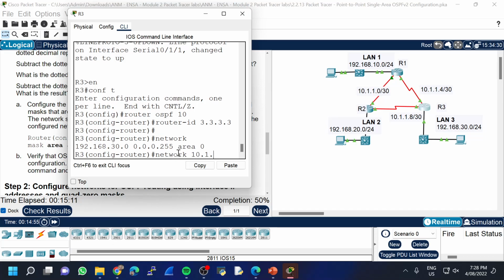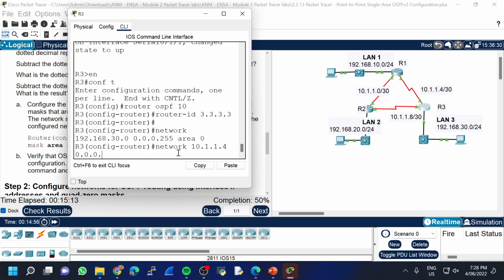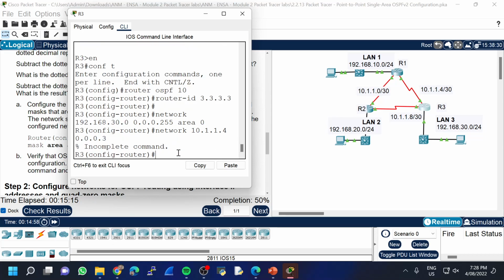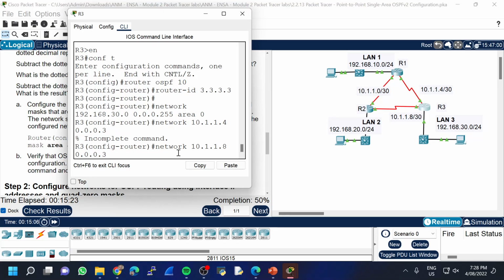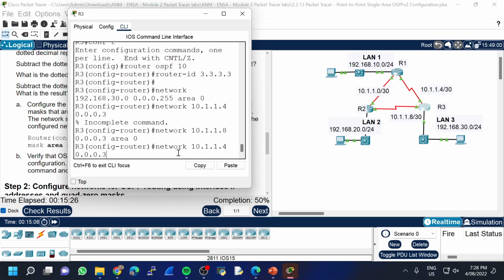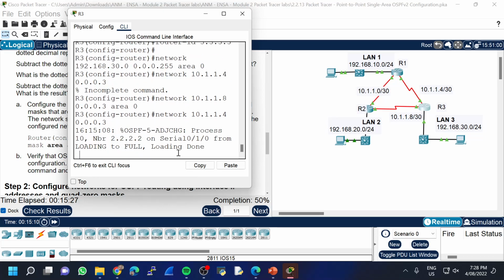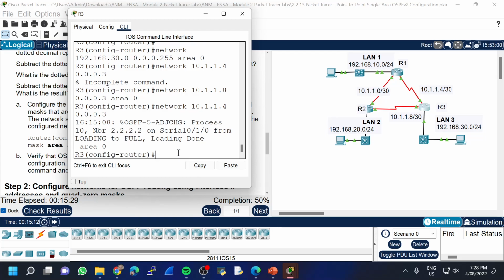Network 10.1.1.4, network 10.1.1.8. Ooh, that one was incomplete. I forgot the area. Done. Alright.